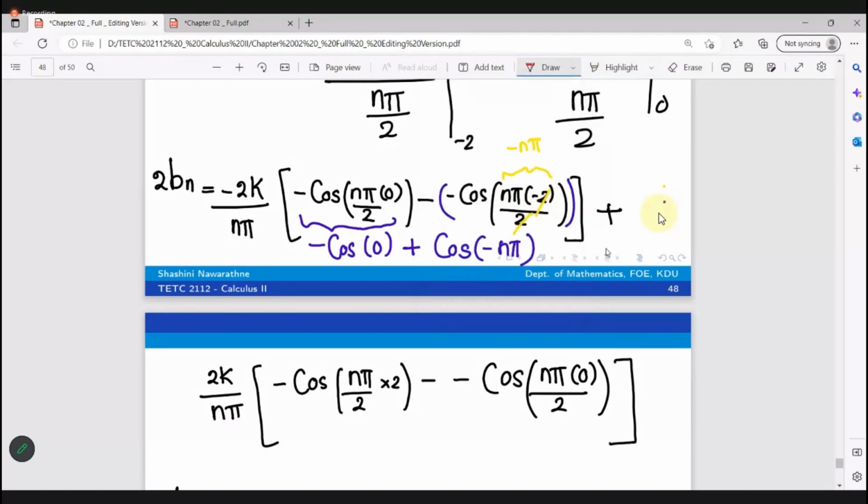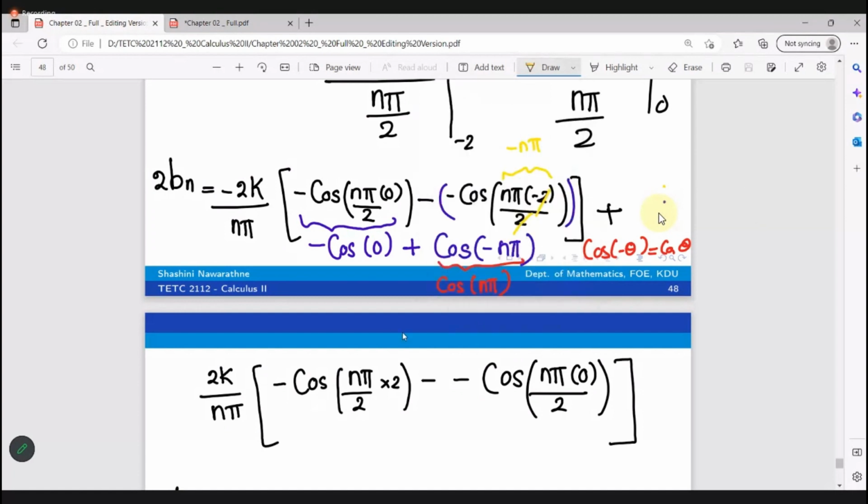So since cos minus theta is equals to cos theta, this part is equals to cosine n phi. Is it clear?